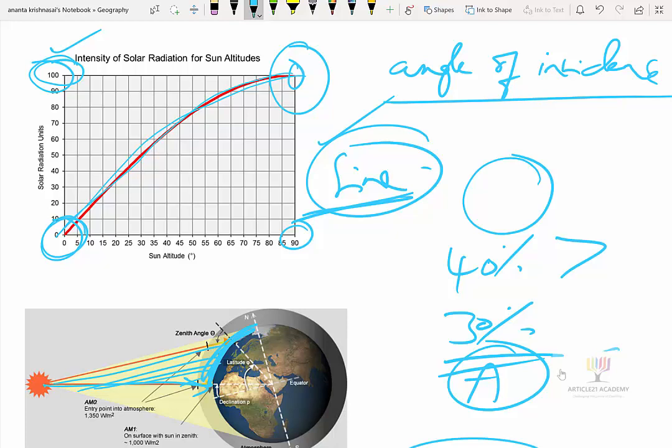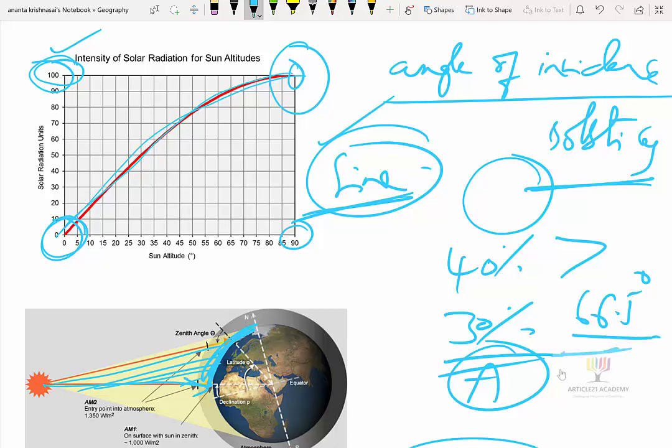The 2 annual minimums of insolation occur on the days of the solstices. And hence on these days the maximum height of the sun above the horizon reaches an angle of 66.5 degrees. As I told you, it varies from 23.5 plus to 23.5 minus.